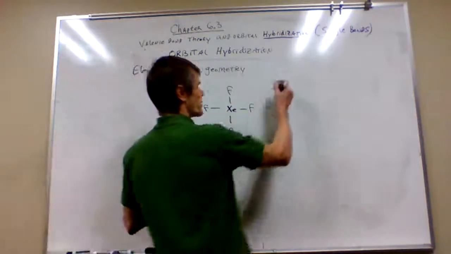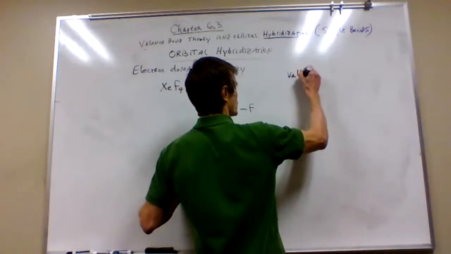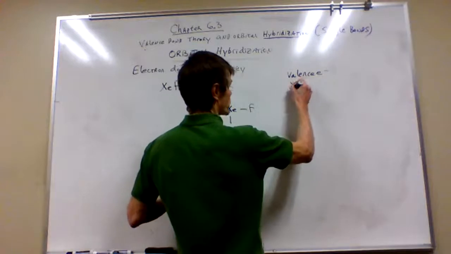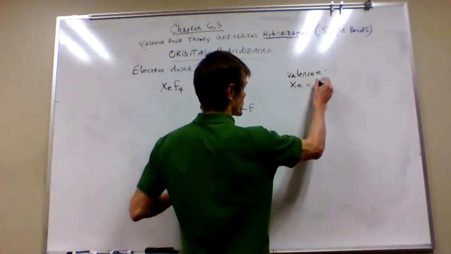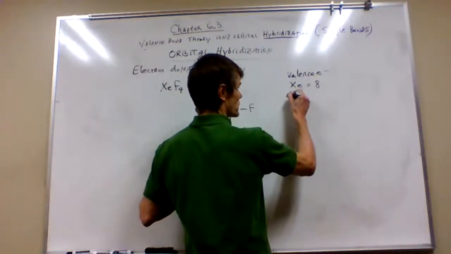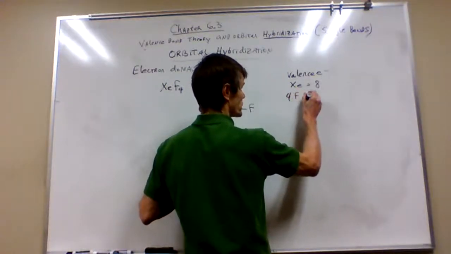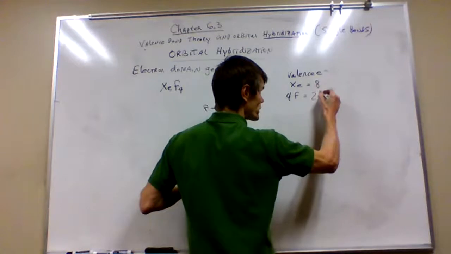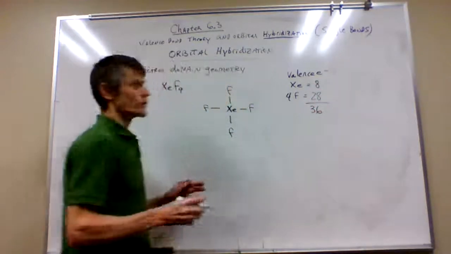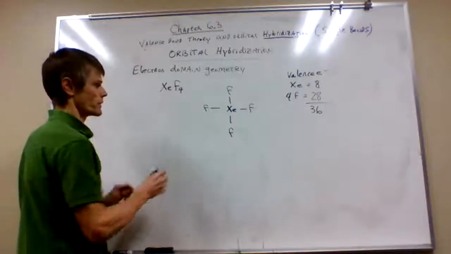I sort of got ahead of myself. Xenon has 8. There are 4 fluorine. Each of them have 7. 4 times 7 is 28. We have 36 electrons to work with.